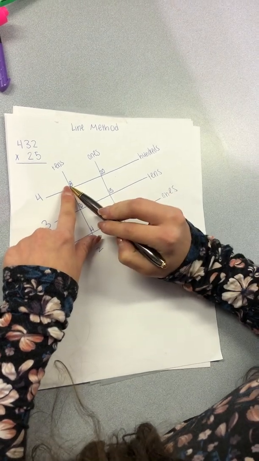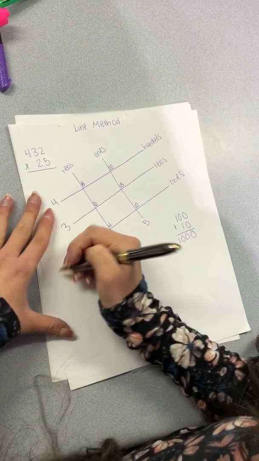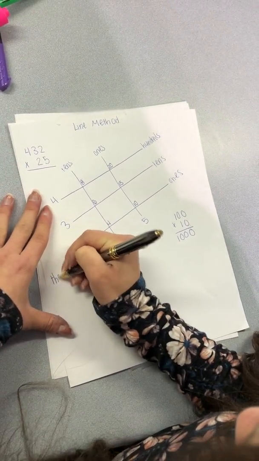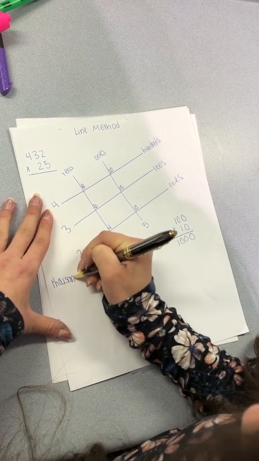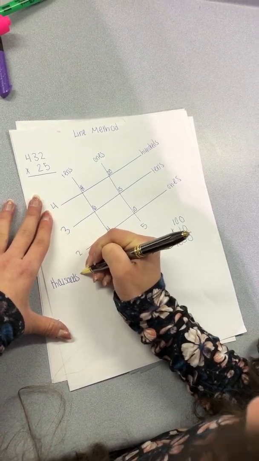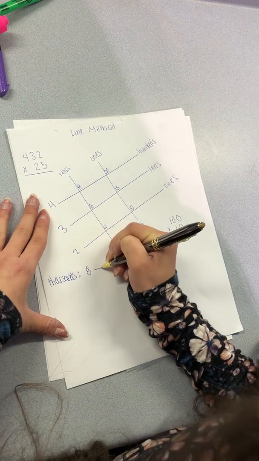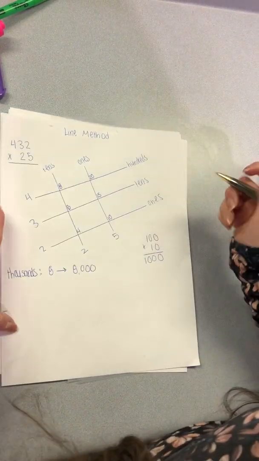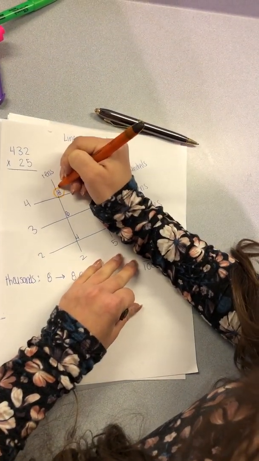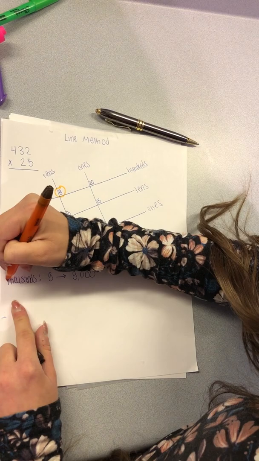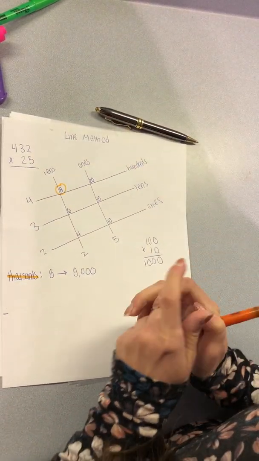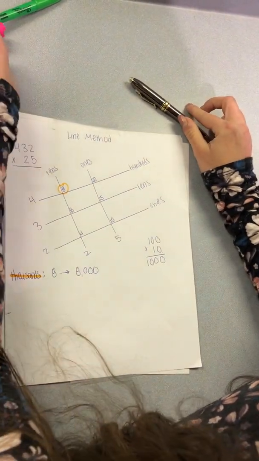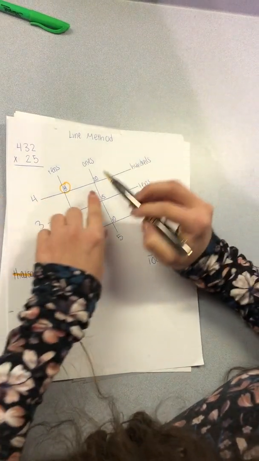So that's what this 8 represents, 8 thousands. So we're going to write down over here our thousands that we have, and we have 8 thousands.